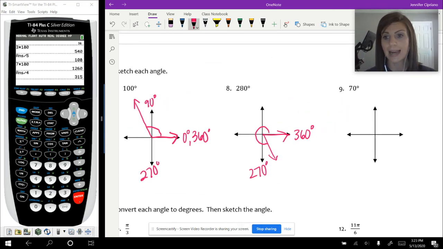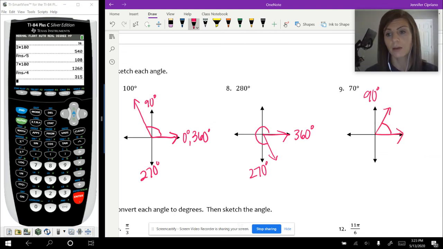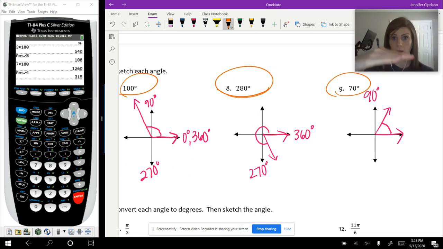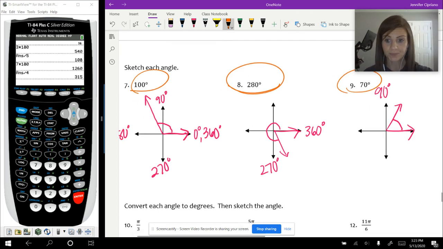So 90 degrees is the y-axis, so 70 degrees is obviously going to be less than that. If I started at 0, I would rotate and end before I got to 90 degrees. So that's how you sketch angles. Just think about what the axis represents and where your angle falls with respect to what we know, the 90, the 180, the 270, and the 360.